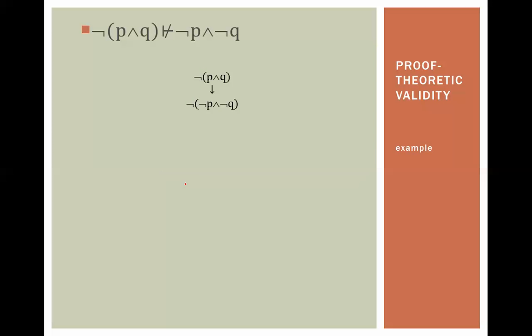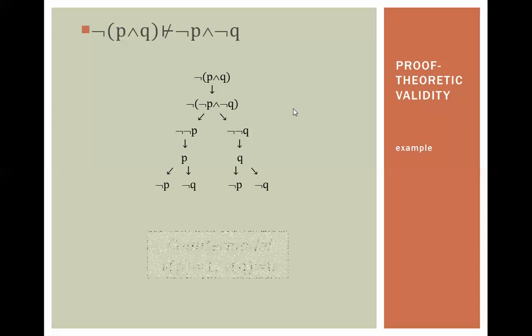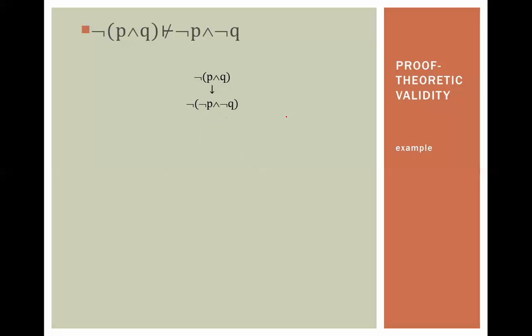So let's do an example of that. This is not both P and Q, does not entail not P and not Q. It's the same thing we just did, but let's go through it one more time to help you out.